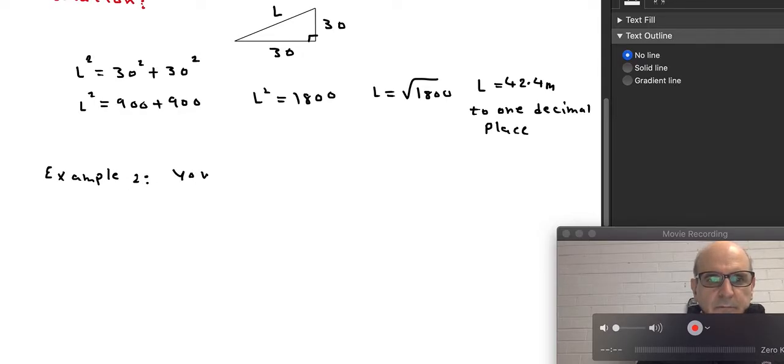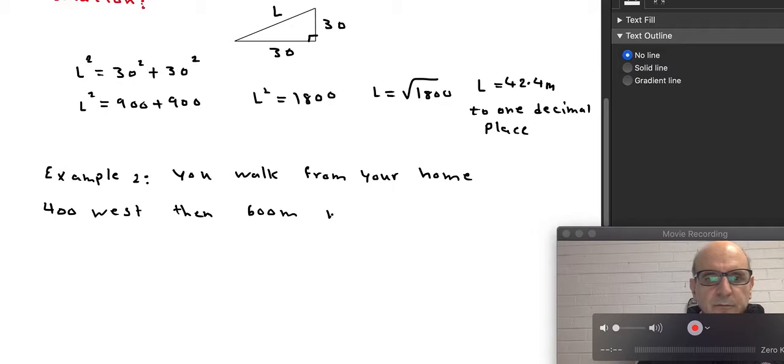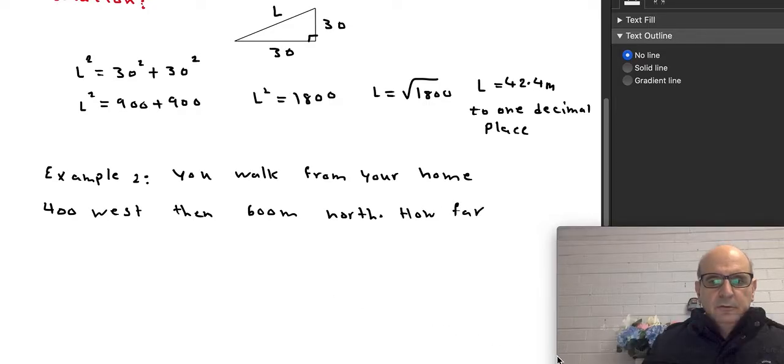You walk from your home 400 meters west, then 600 meters north. How far are you from your home?